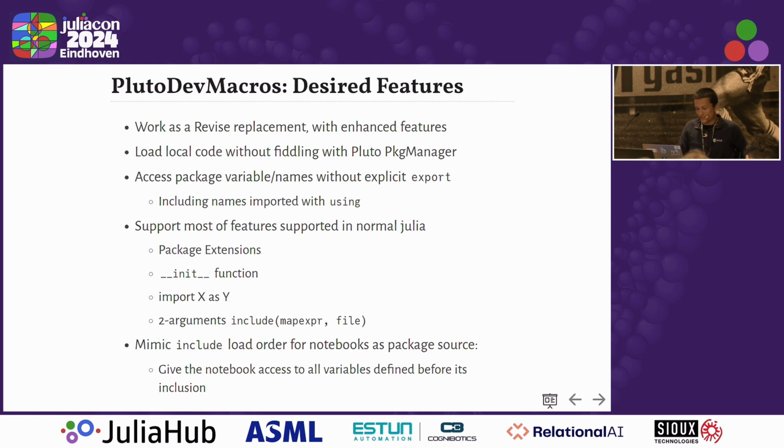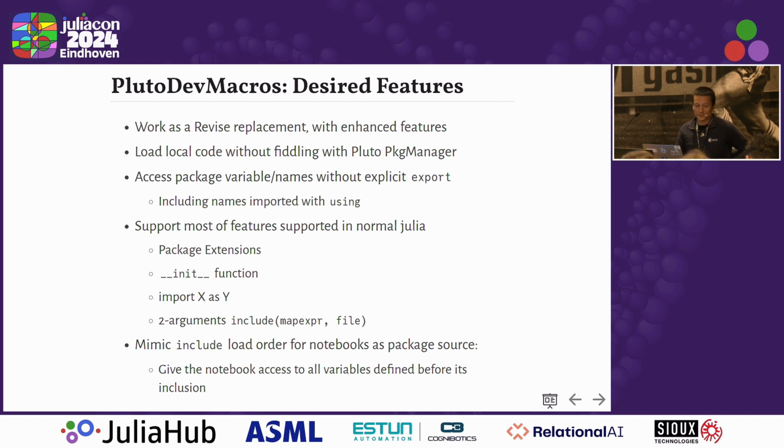So the main feature that I wanted to have from the PlutoDevMacros package was, as I said, to work as a replacement for Revise, mostly because of the struct redefinition and the reactivity, with some enhanced features, of course. There are also some drawbacks with respect to Revise, we will probably see, but I like a lot where this package is at this stage, and it's helping a lot our internal development.